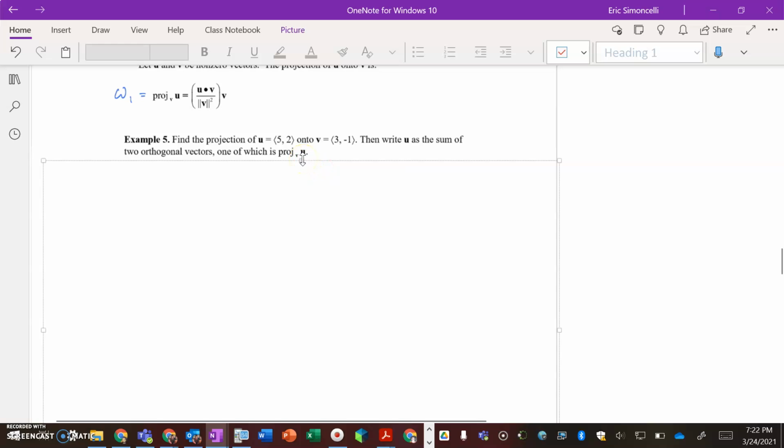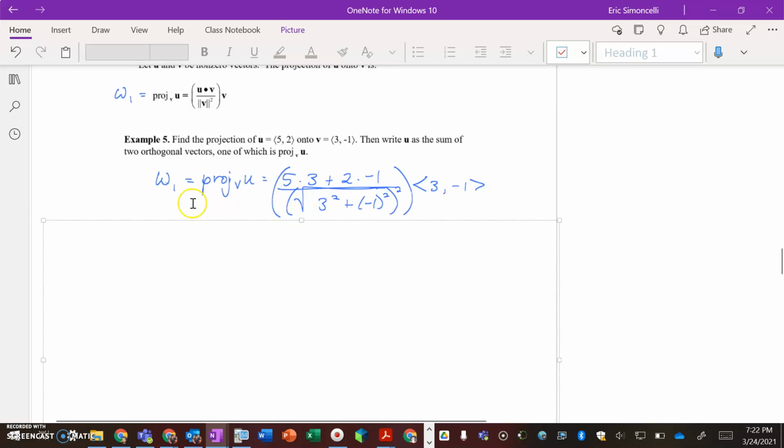You stick to the formula, wherein W sub 1 is the projection of U onto V. In other words, the dot product of U and V, so it's 5 times 3 plus 2 times -1. There you go in the numerator. The denominator is the magnitude of vector V squared, so the square root of 3 squared plus -1 squared, and that whole thing is squared. And then that is multiplied by the component form of vector V.